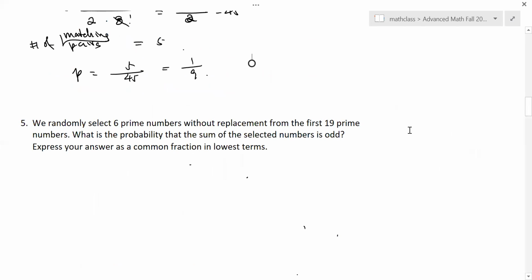Right, now we're going to look at prime numbers. Okay, we randomly select 6 prime numbers without replacement from the first 19 prime numbers. Now, 19 prime numbers, that's a very challenging problem. How can we list all of them? What is the probability that the sum of the selected numbers is...? Express your answer as a common fraction in lowest terms.